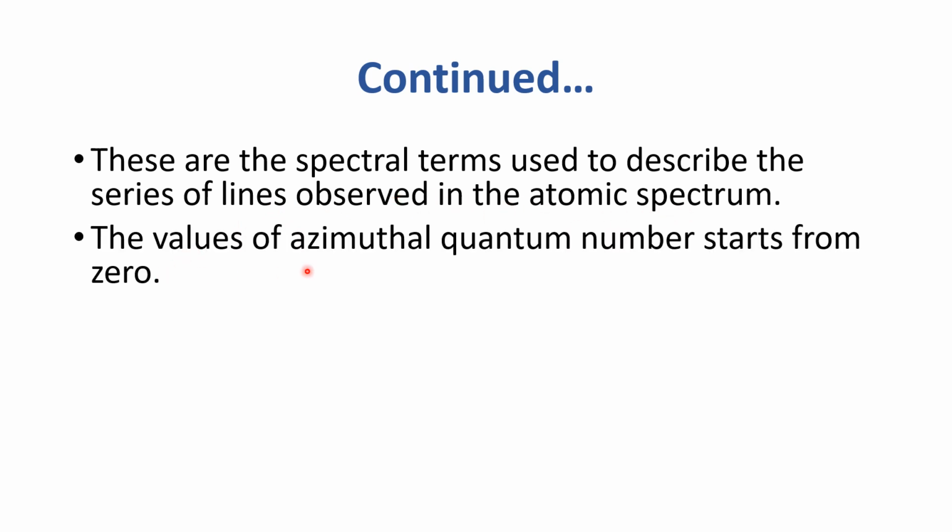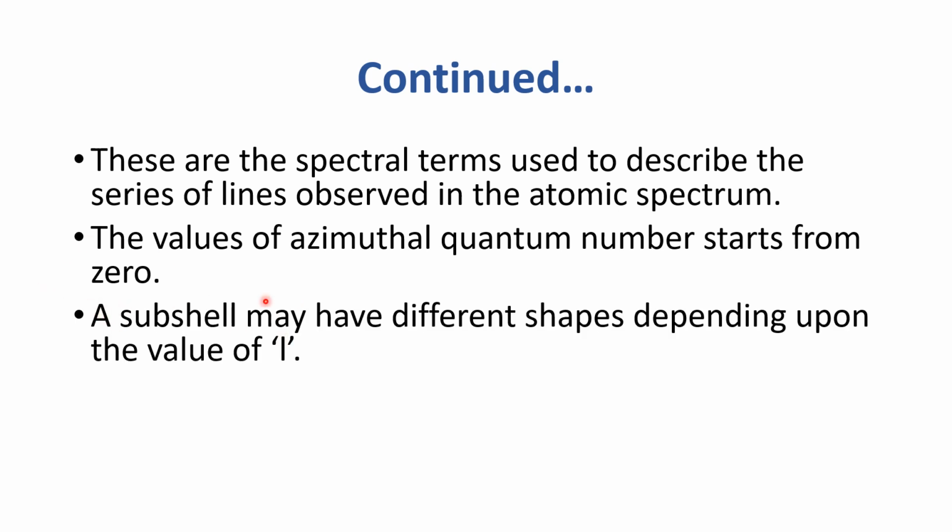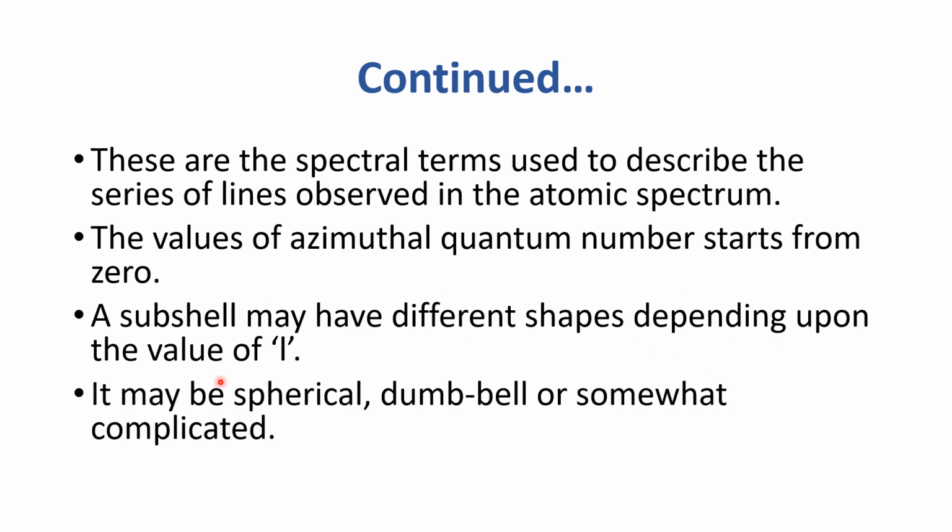The values of azimuthal quantum number start from 0, as we have studied in the previous slide. A subshell may have different shapes depending upon the value of L. It may be spherical if L equals 0, dumbbell if L equals 1, or somewhat complicated if L equals 3, that is, the f subshell.